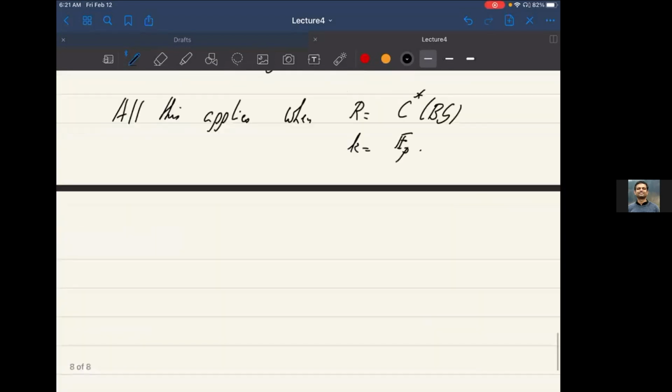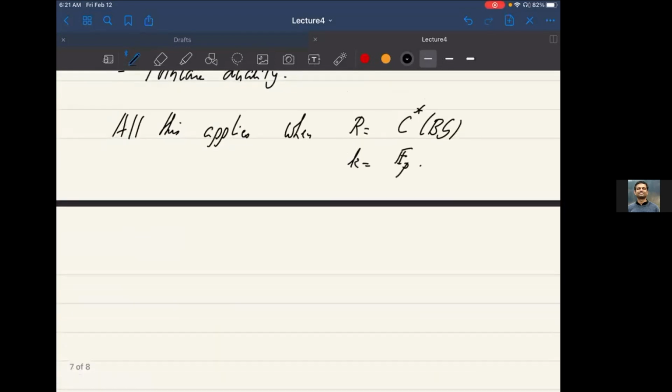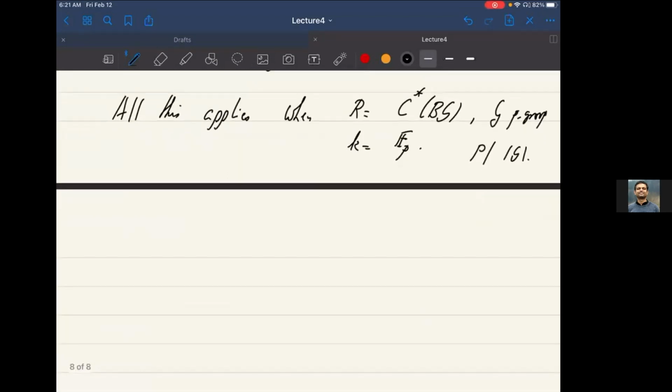And although one can push this a bit further, let me assume that G is a P group. So P divides the order of the group, of course. So the order of G is some power of P. Then what we get is a spectral sequence.